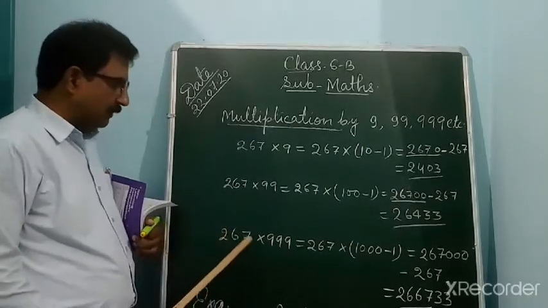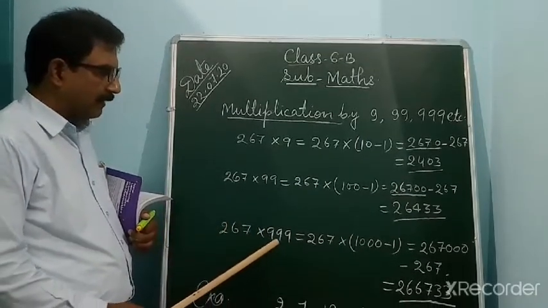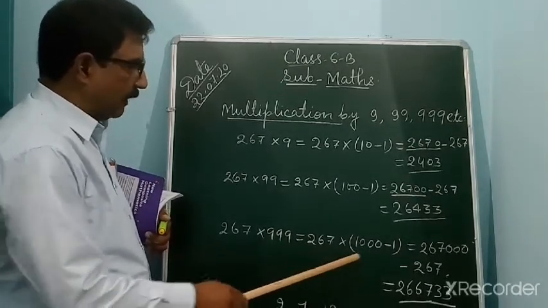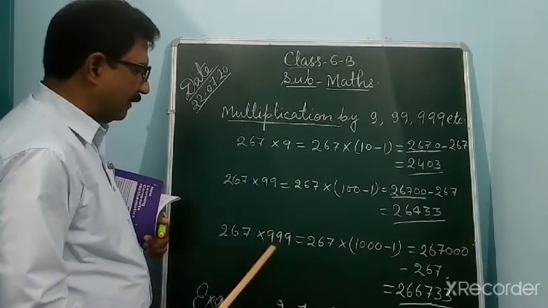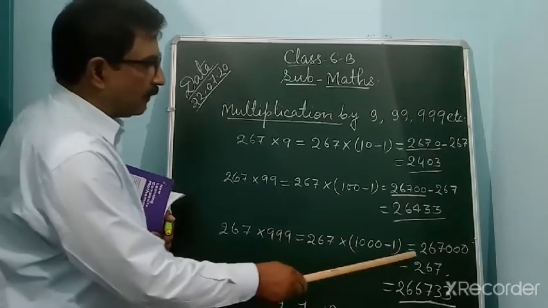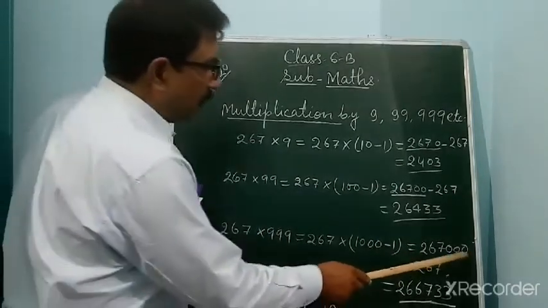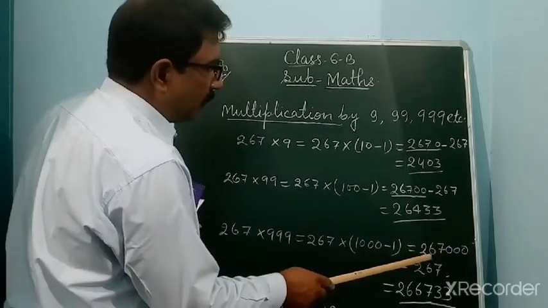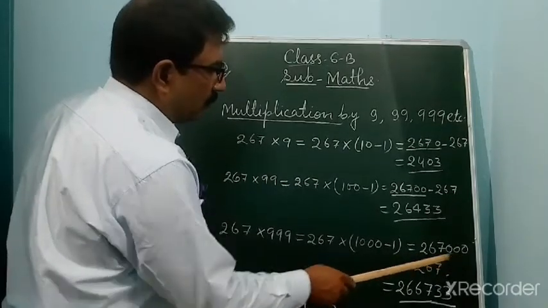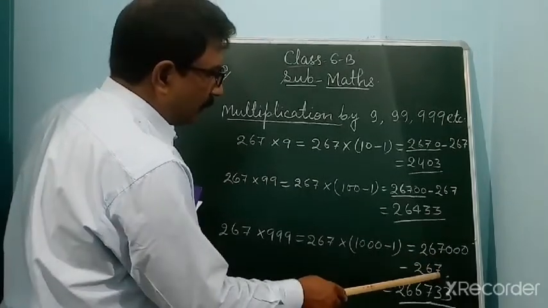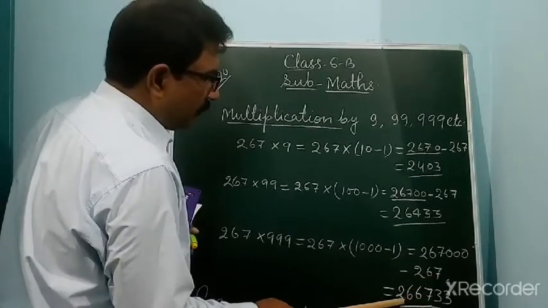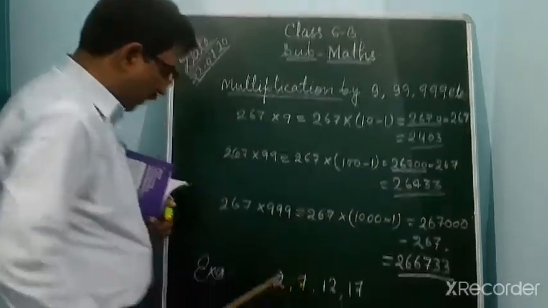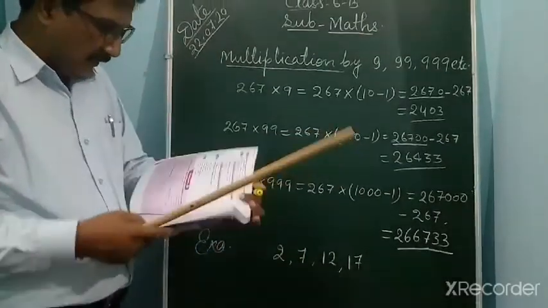Next, 267 multiplied by 999. So same pattern, 267 multiplied by 1000 minus 1, it will come 999. So same pattern, you can see 1, 10, 100, 1000, 10,000, lakh. 2,67,000 minus 267. If you subtract this, it will come 2,66,733. Now you can understand examples in the book.